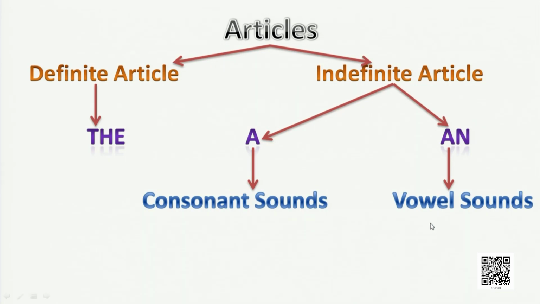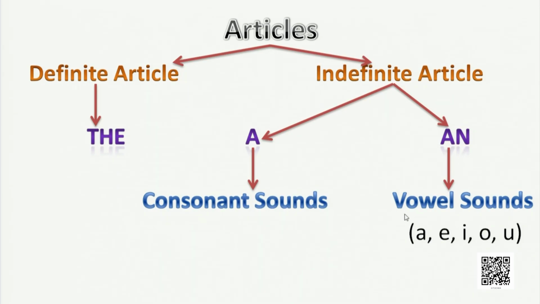Suppose O is there, you have to put an only, or suppose a consonant sound is there, you have to put a only. No, it's not like that. It is consonant sound. And what are vowels? Vowels are a, e, i, o, u. So when a sound of either of these letters comes, you have to put an, okay, before that word.